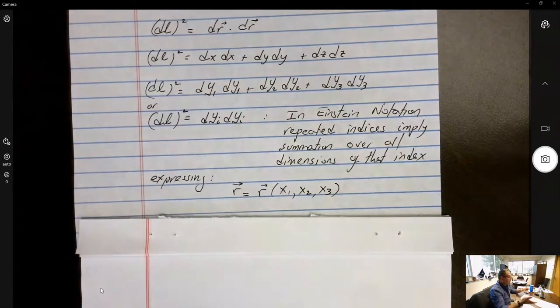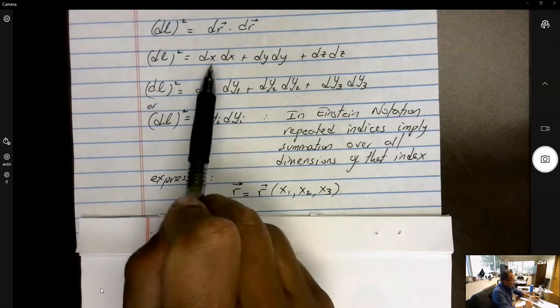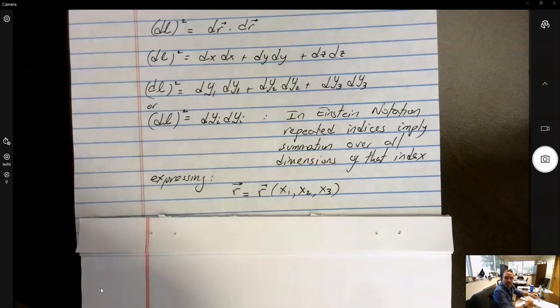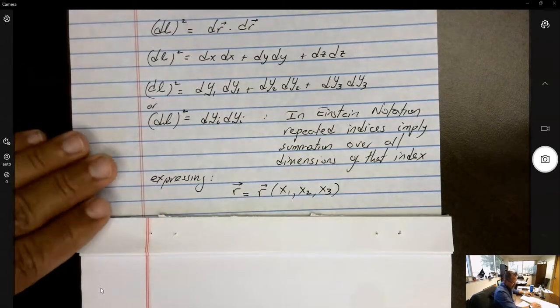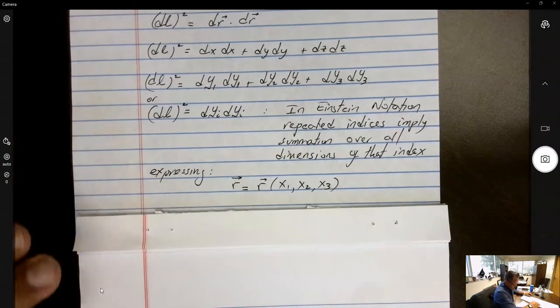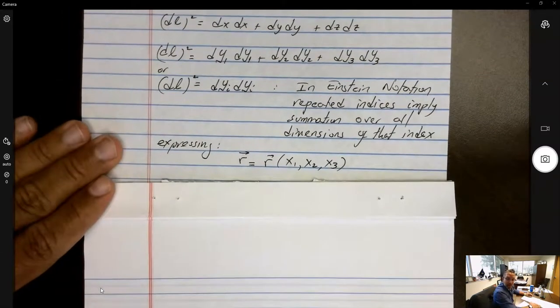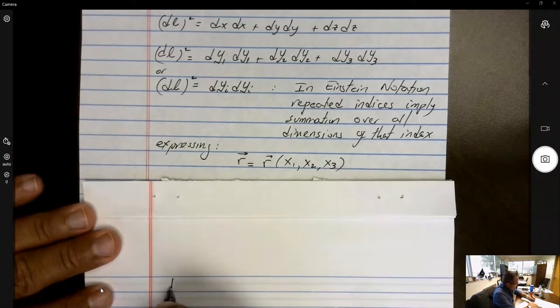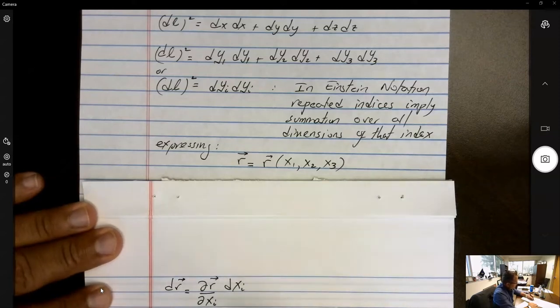And then if we want to calculate the length of anything, we can just take a piece of the arc length and parameterize it, and then express each one of these square differentials in terms of the parameter c, for example, or L. But in the curvilinear coordinate system, we're going to do something similar, and then dr, the differential of the position vector, is dr with respect to xi dxi. Notice that these are repeated indices.